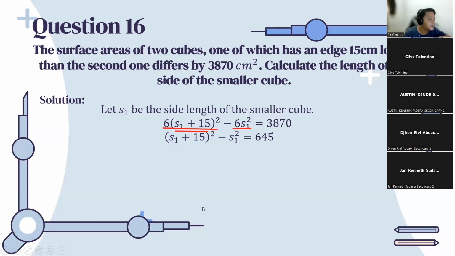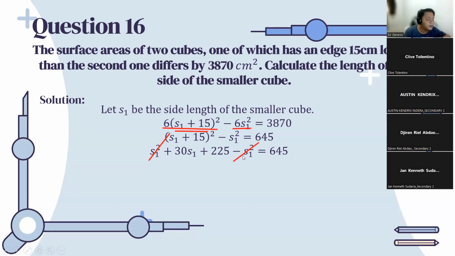But you can also just simplify and eliminate s sub 1 squared, which gives 30 s sub 1 plus 225 equal to 645.